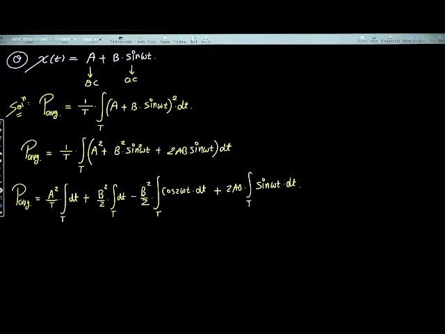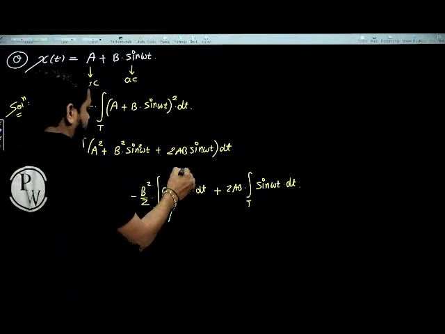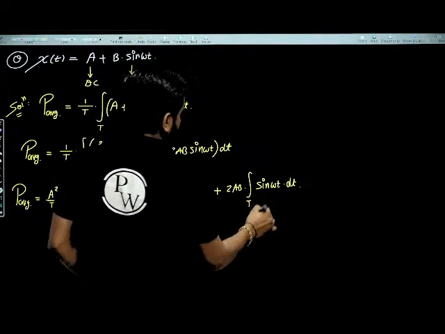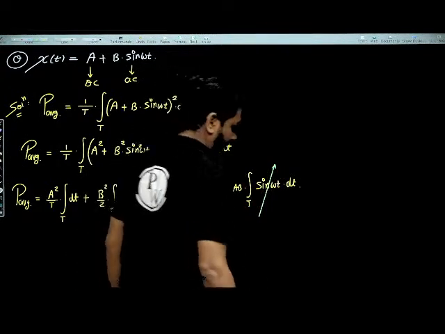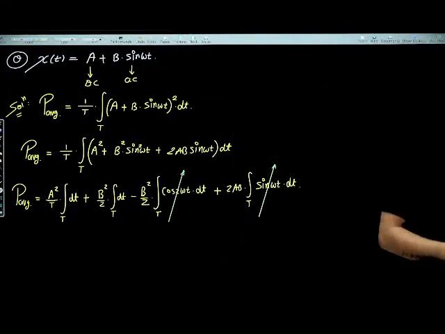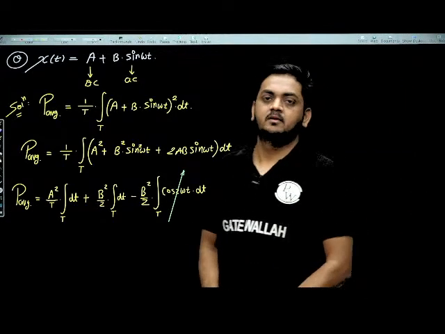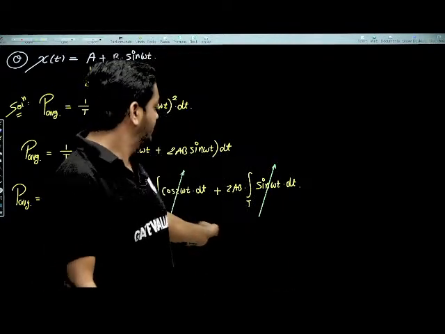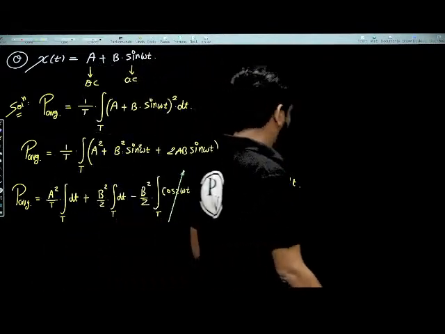Now tell me, guys, what is the answer of this integration and what is the answer of this integration also? Tell me in the comment box. Tell me the answer of this integration, third term and fourth term.